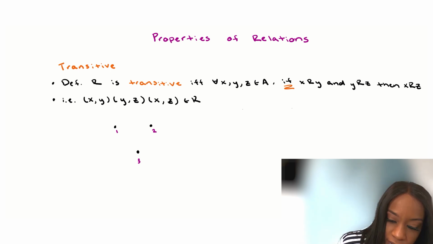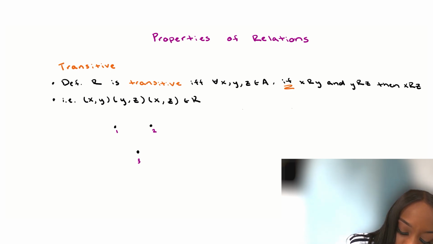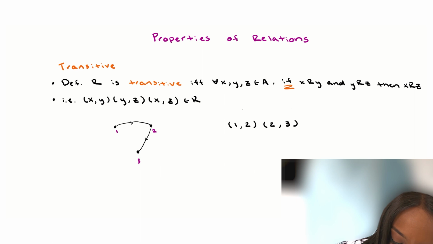So our definition states that x is related to y. In our diagram, that means 1 is related to 2. Next, we see that y is related to z, so 2 is related to 3. The last part of our definition states that x is related to z.